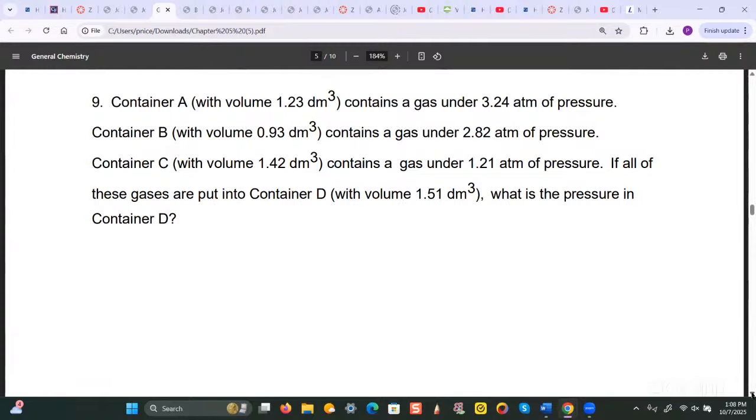What two laws would you think of? Let me give you a little hint.